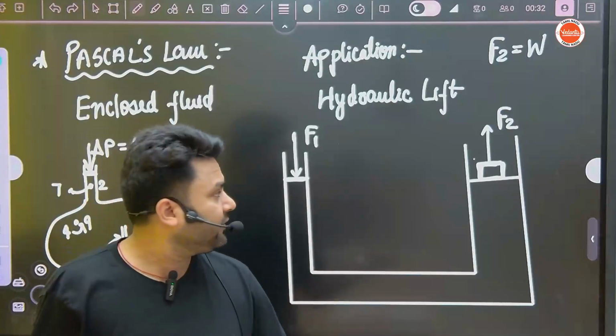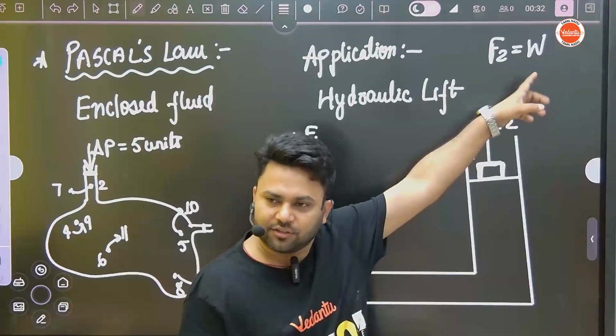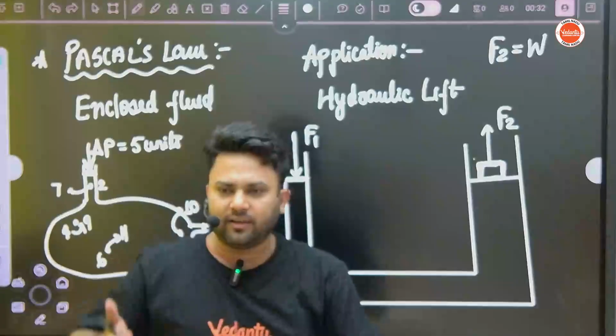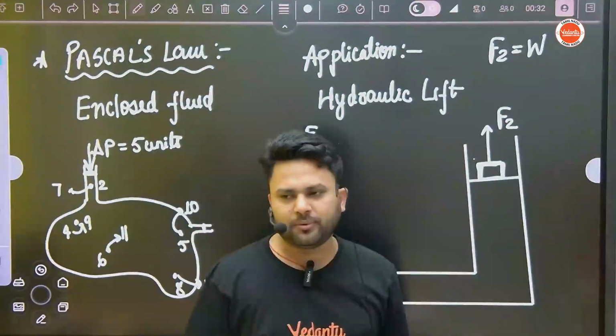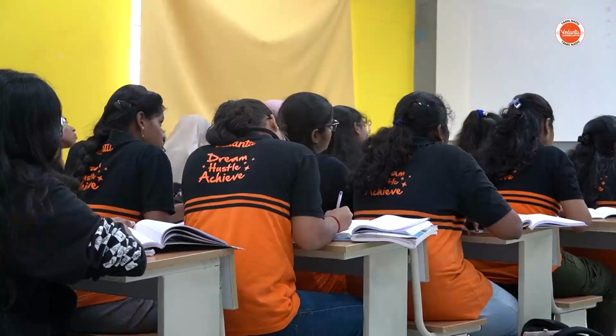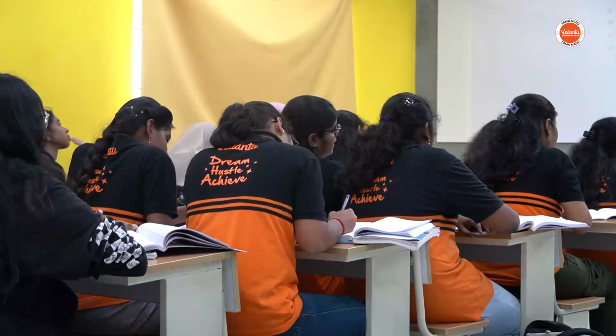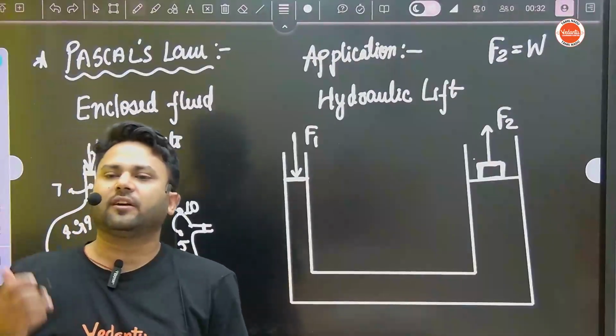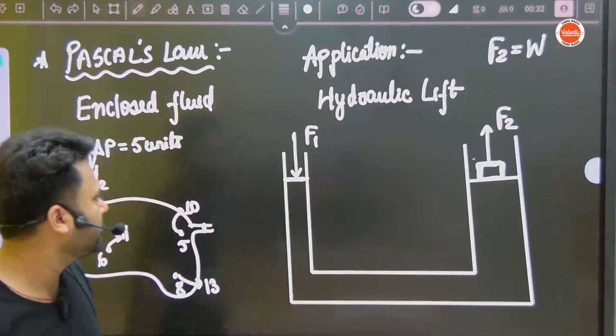In order to lift, F2 is the weight of the car. This is too much. You can't lift by your hand, na? This F2 value is the weight of the car. But see, if you apply a force here very much less than this, still you will be able to lift the car.